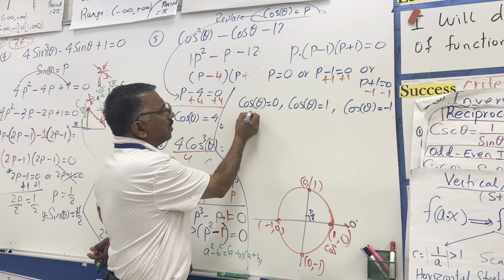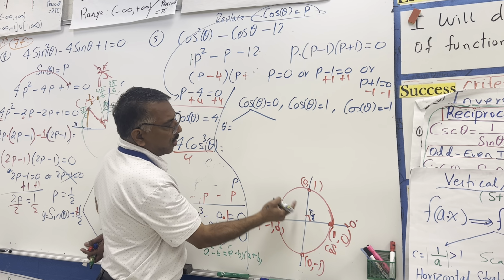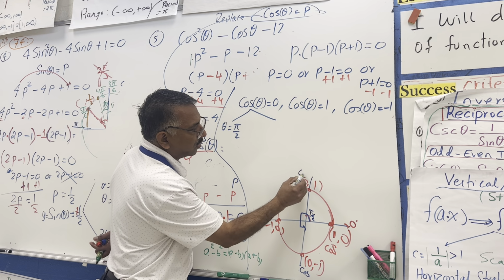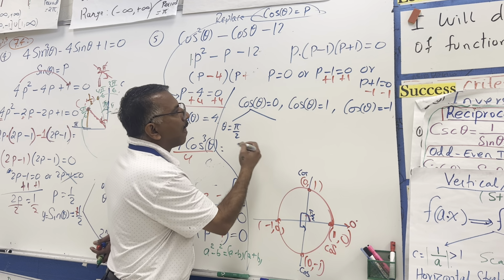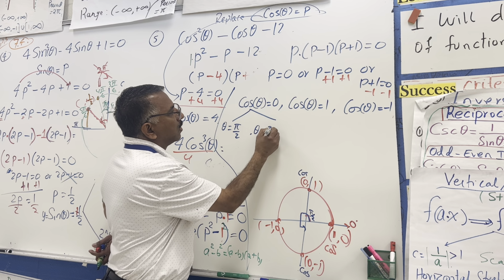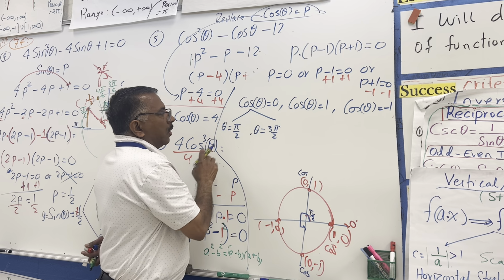Not only that, there are 2. One is pi by 2, and the other one, you go across, and here also cosine is 0. This is cosine, the other one is sine. So theta is pi by 2, and also theta is 3 pi by 2. These are the two.